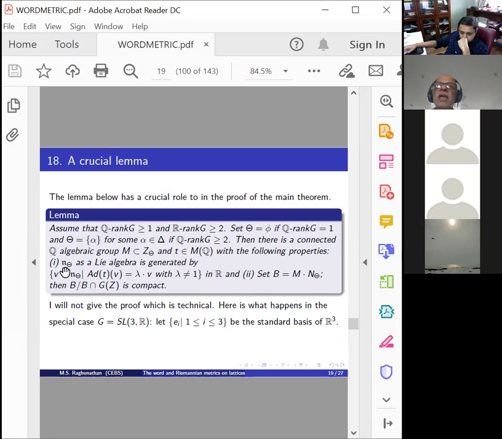First, the Lie algebra of N_theta is generated by all eigenvectors of ad T corresponding to eigenvalues which are not equal to 1. See, ad T is some element of M_Q.